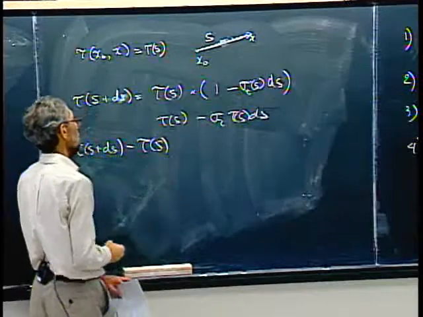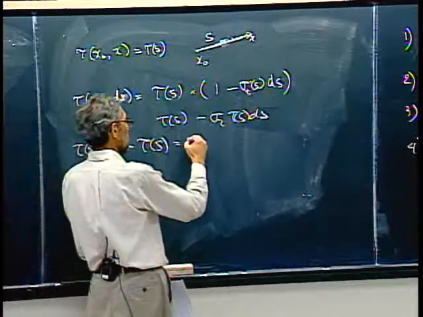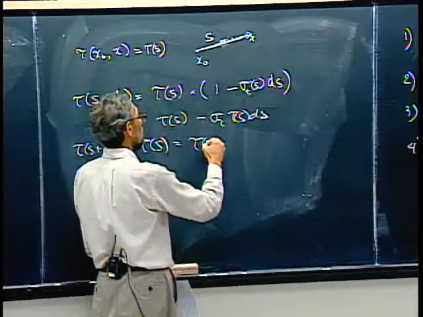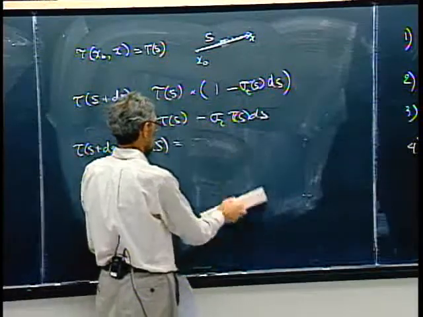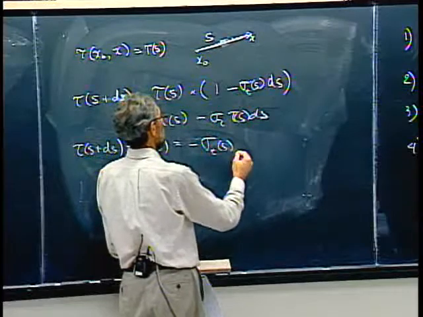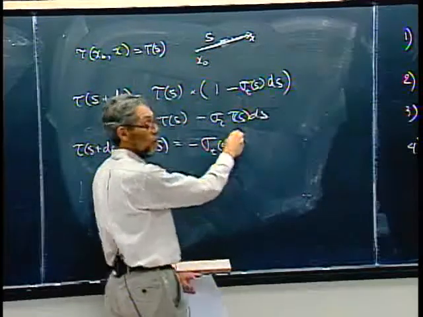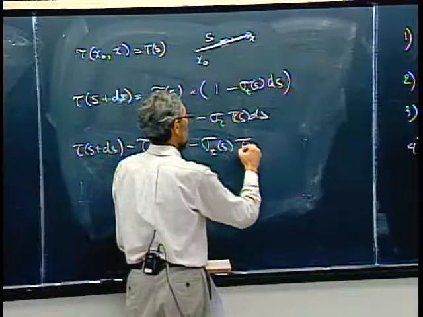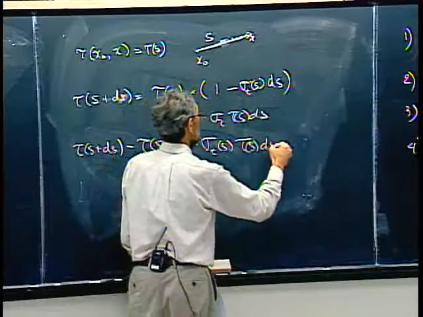That's the actual amount that was absorbed. It's just minus sigma t, and that could depend on s also, if it wasn't constant smoke density, times tau of s ds.